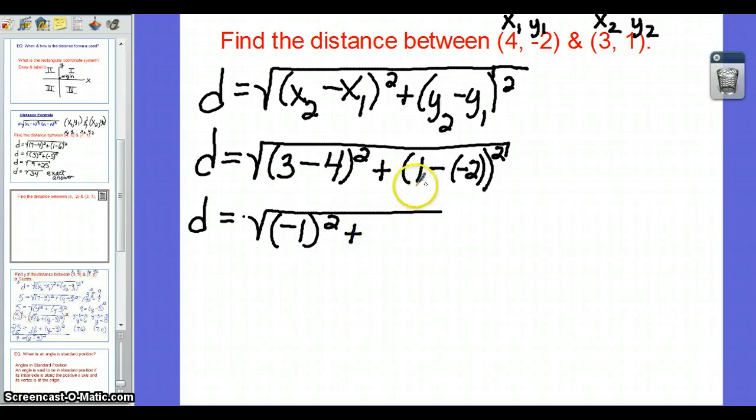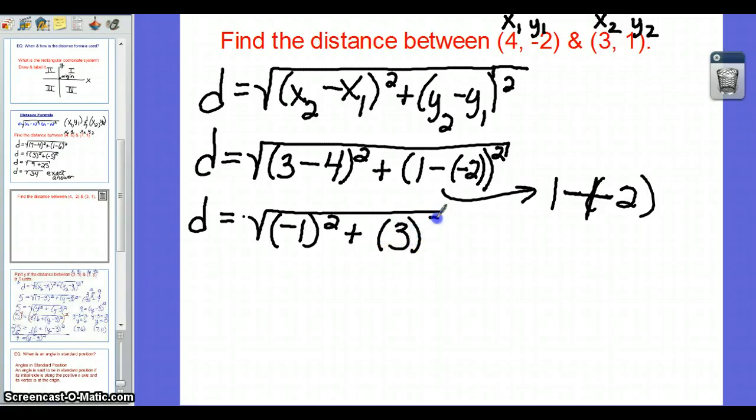When I come over to do 1 minus negative 2, you should know that 1 minus negative 2 is the same as 1 plus 2. So that'll give me 3. And I have 3 squared. Now I need to square my numbers. Negative 1 squared.